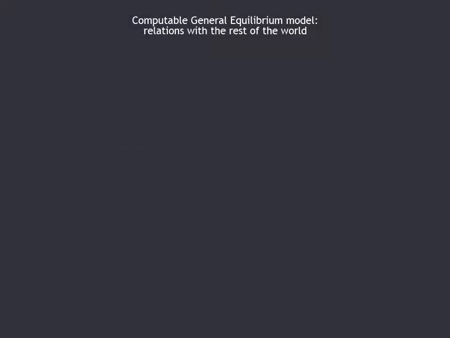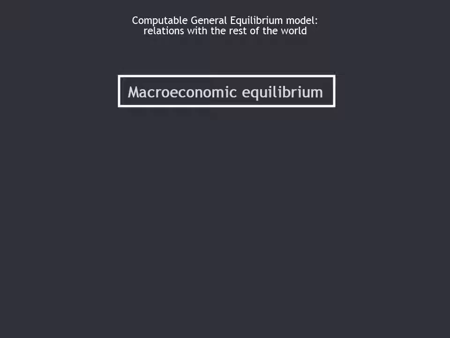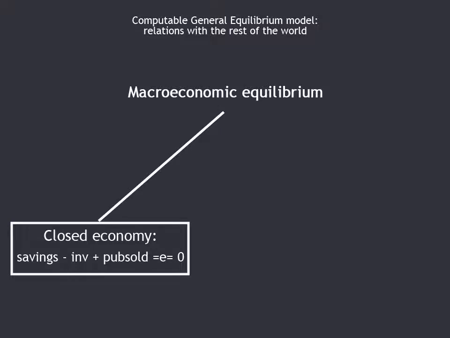Now we have to understand how trade relations with the rest of the world modify the macroeconomic equilibrium. I remind you that in the last Computable General Equilibrium model, we expressed a macroeconomic equilibrium, but it was a relation characterizing a closed economy. And it was savings minus investment plus public sold is equal to 0. And so savings, it's private savings.